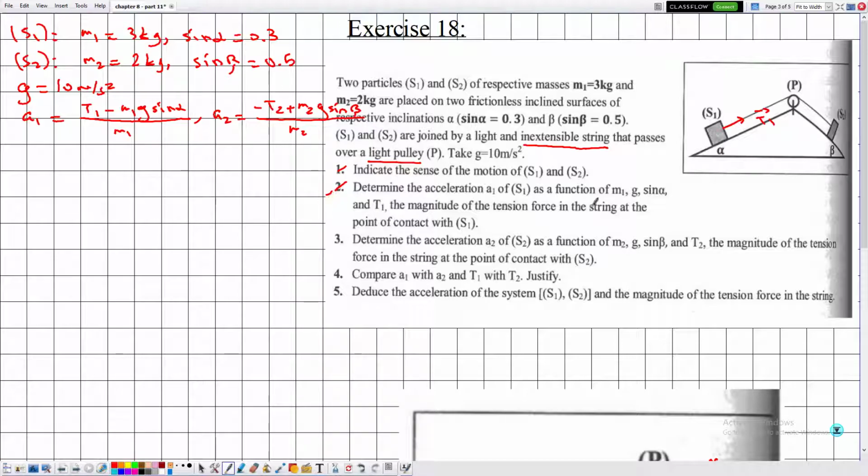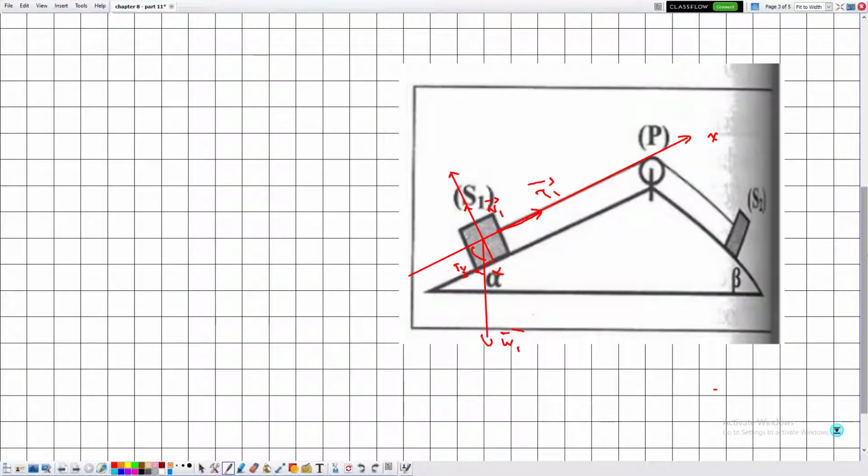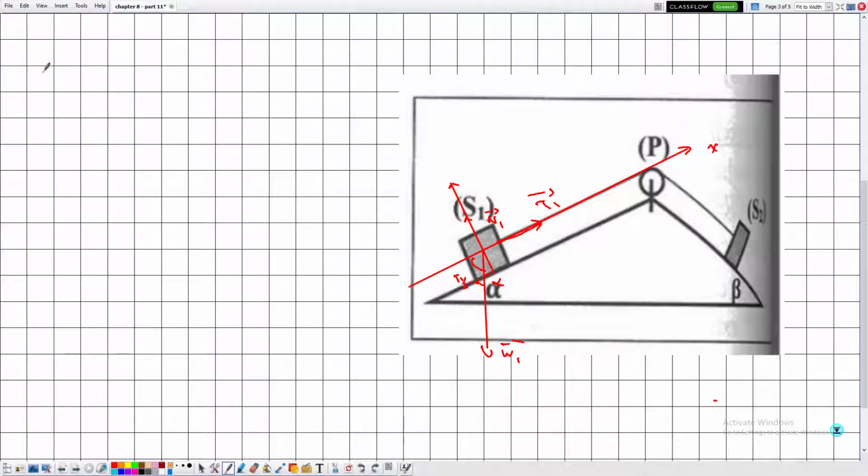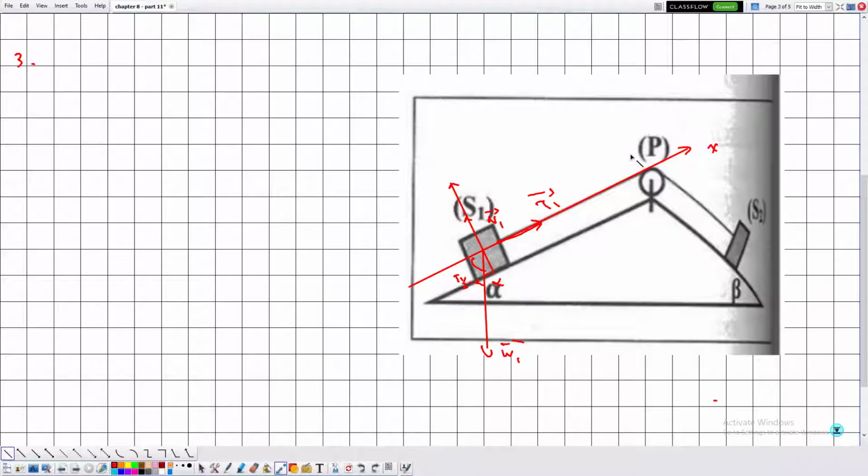But let's do it explicitly. Here, in part 3, let me consider this as the positive direction of the x-axis, which is downward, and we have the weight which is vertically downward like this, and we have the normal like this.